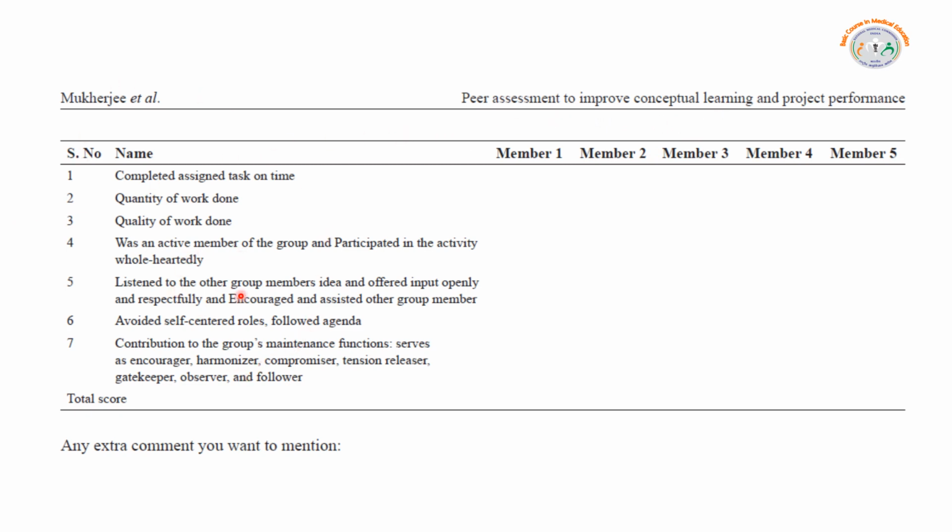In that group, you have to distribute this score sheet. So peers will give marks on the other members, and it should be very confidential. So marks will be given like this.